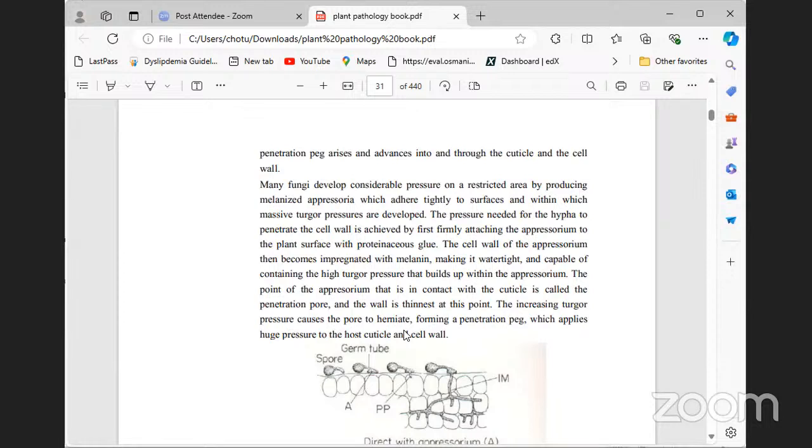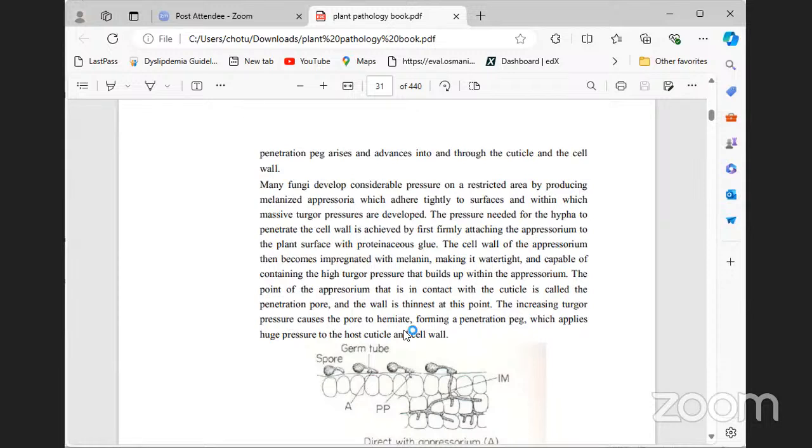The cell wall of the appressorium then becomes impregnated with melanin, making it waterproof and capable of containing the high turgor pressure that builds within the appressorium.